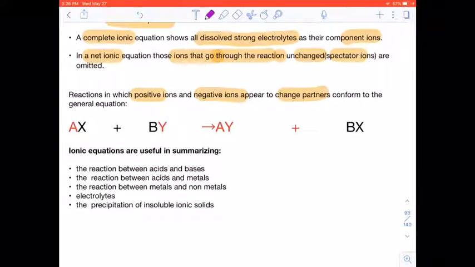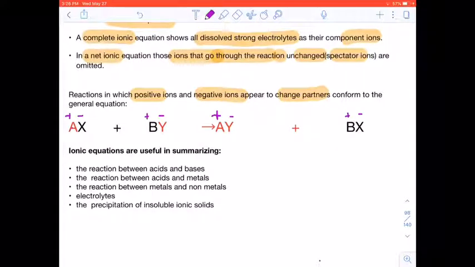So that is normally our positive, that's our negative, positive, negative, and that's our positive, and that's our negative.